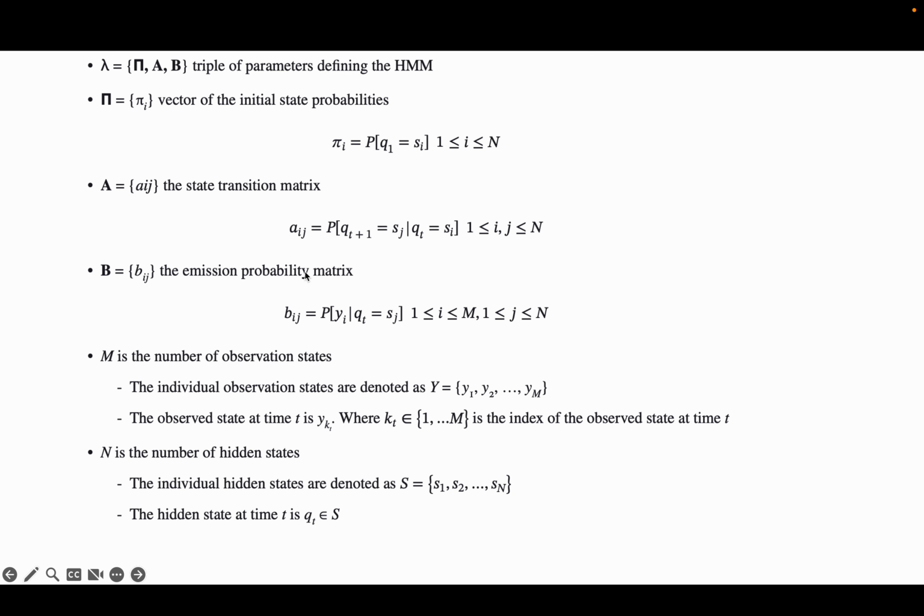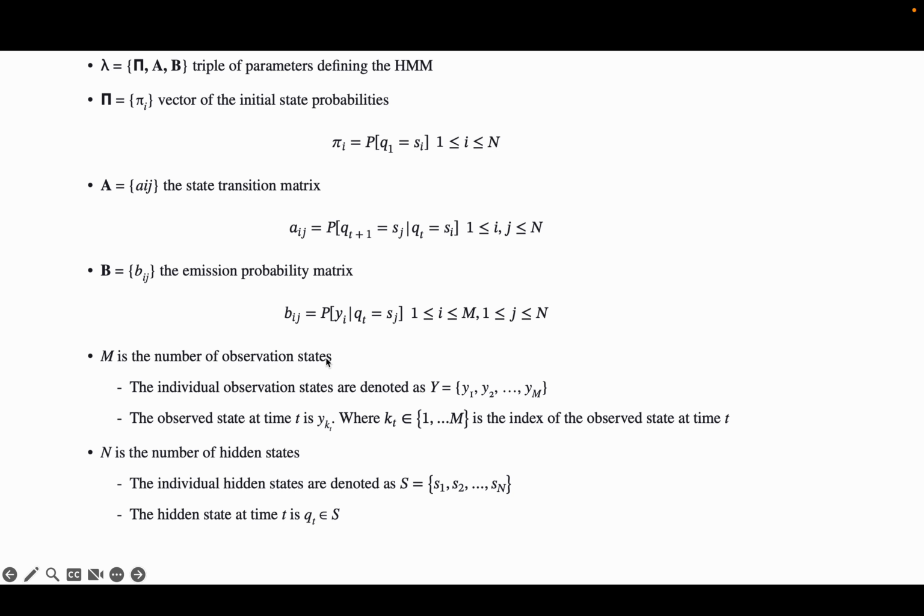And B is the emission probability matrix, meaning that you're looking at the probability that Y is some observation given that Q sub t is equal to this jth state. In other words, the probability that your observation picked up on the state that you were in.